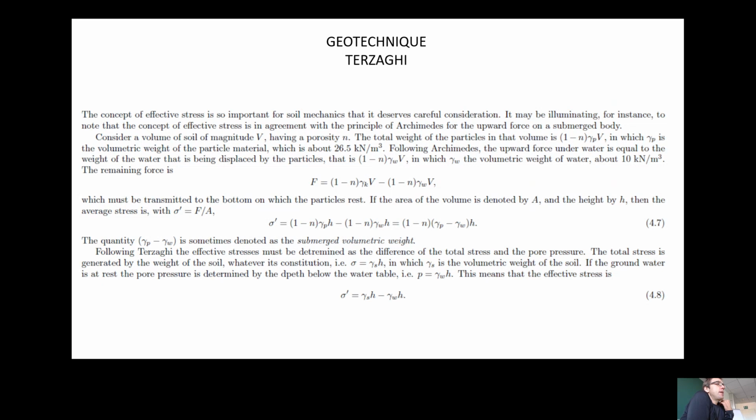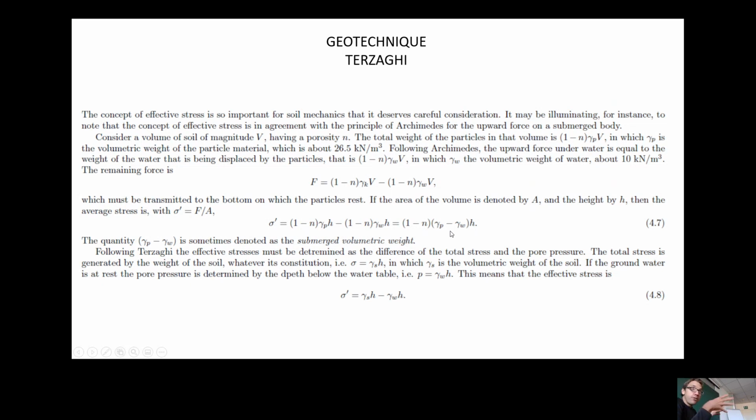If the area of the volume is denoted by A and the height by h, so the volume is A times h, then we can write here the effective stress from the force, subtracting as we said and dividing by A, simply that sigma prime, the effective stress, is 1 minus n multiplied by the difference between the two gammas, times h.